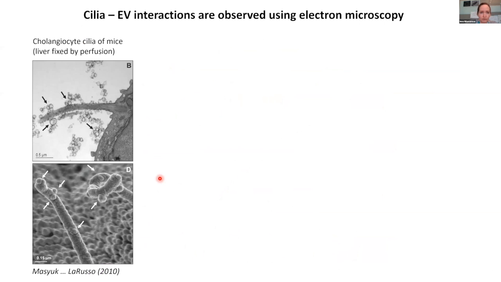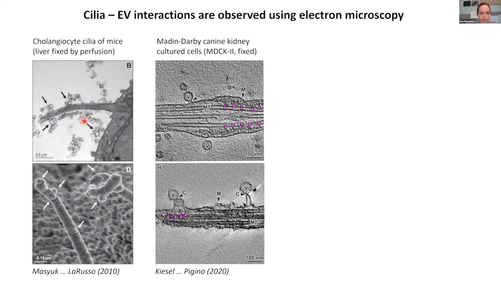Cilia-EV interactions can be observed in the electron microscope. Here you can see transmission electron microscopy and scanning electron microscopy of cells from bile ducts. This is actually a pathological condition; too many EVs are observed. And here you can see a process of EV budding from the cilium of cultured ciliated cells.